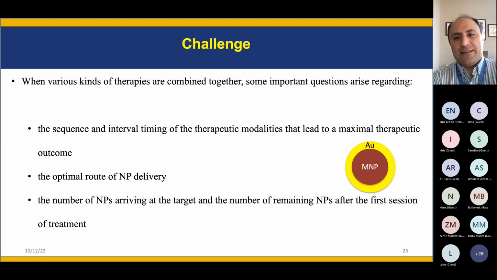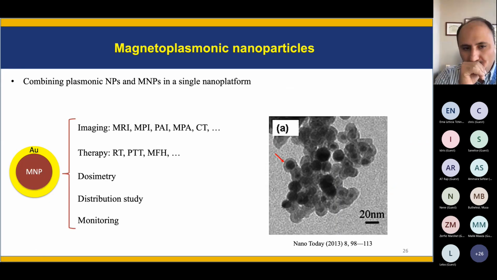Using this nanoparticle, we can address different challenges that we have with image-guided therapy, because in this nano platform we have a component for imaging, and we can guide the imaging using magnetic nanoparticle, and we can use the gold nanoparticle for radiation therapy or photothermal therapy, and we can do image-guided therapy.